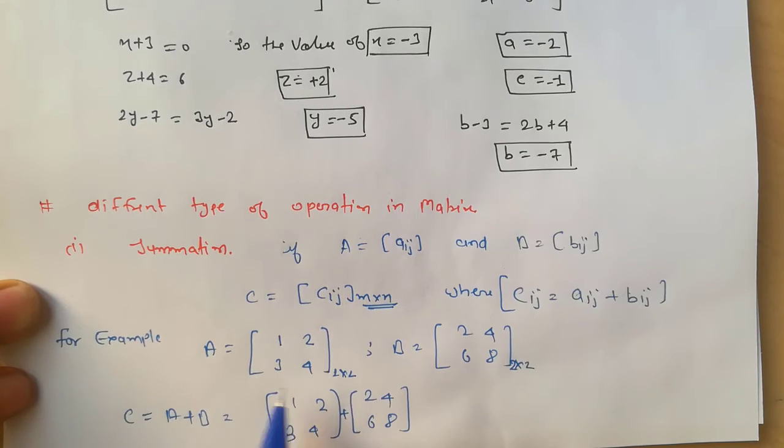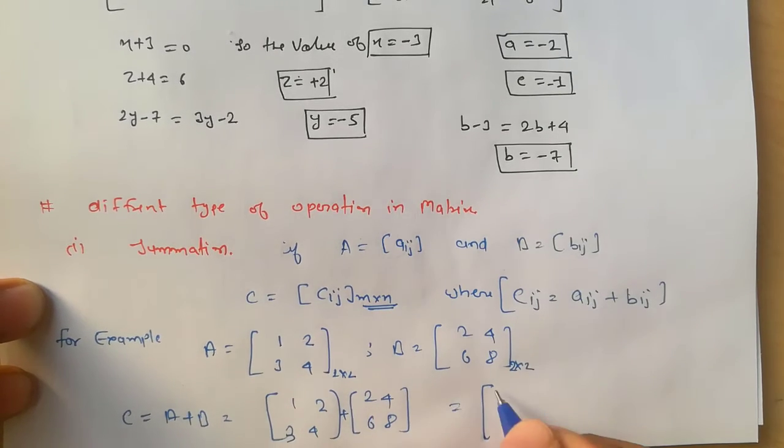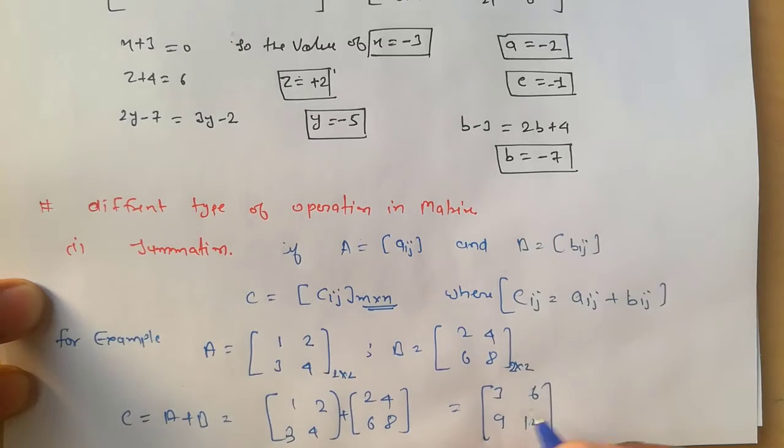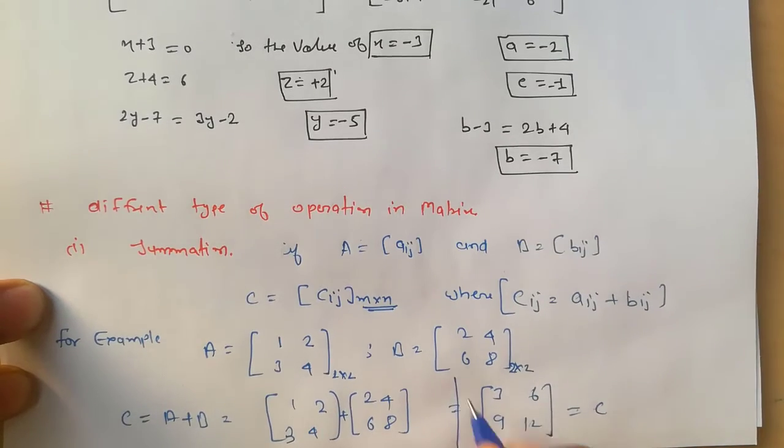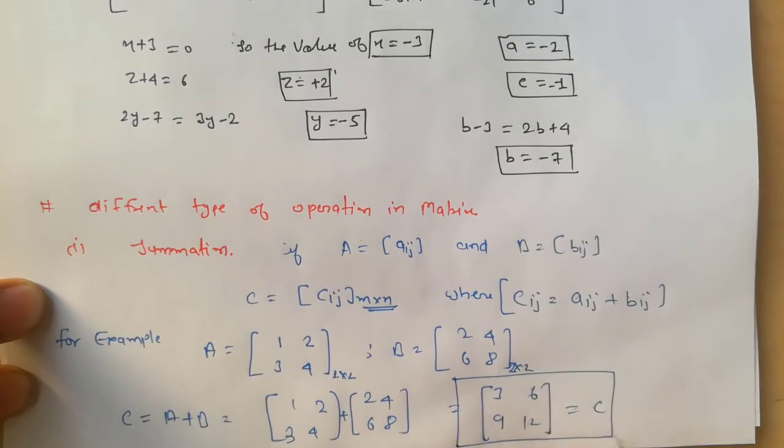Each element of matrix A is added to the corresponding element of matrix B. It means 1 plus 2 is 3, 2 plus 4 is 6, 3 plus 6 is 9 and 4 plus 8 is 12. So this is the summation of matrices A and B, and in the result we get matrix C of the same order as A and B.